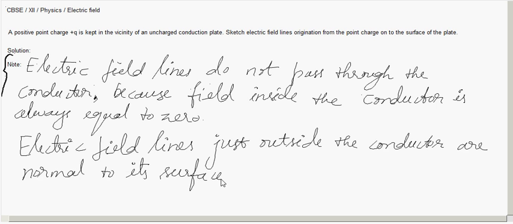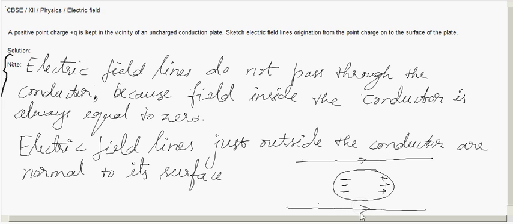So this is a note. What does this mean? Now if you have a conductor, the field lines will not pass through the conductor. The first point says the field lines do not pass through the conductor because the field inside the conductor is always equal to 0.